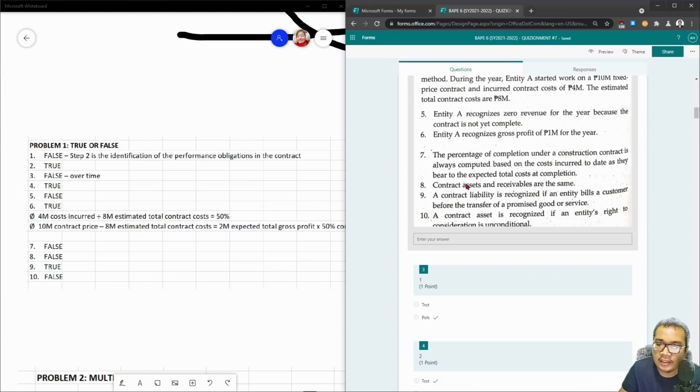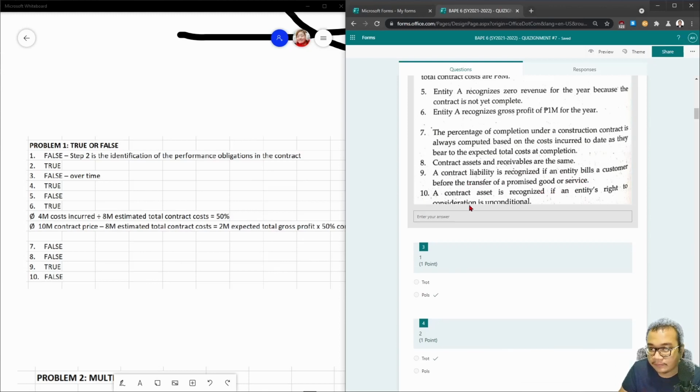Kasi ang contract assets, if I remember correctly, it is conditional other than the passage of time, di ba? Conditional siya. Si receivable, unconditional siya. Unconditional right to cost ni entity. Number 9, a contract liability is recognized if an entity bills a customer before the transfer of promised goods or services. Yes.